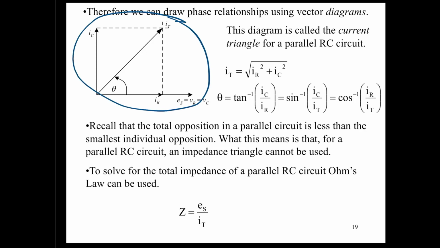Now, when we're using the current triangle, notice how here we have our voltage already as our reference, ES equals VR equals VC at 0 degrees. We know that one of the currents in the current triangle is going to be right in phase with that voltage, and that is going to be IR. That was our first statement.